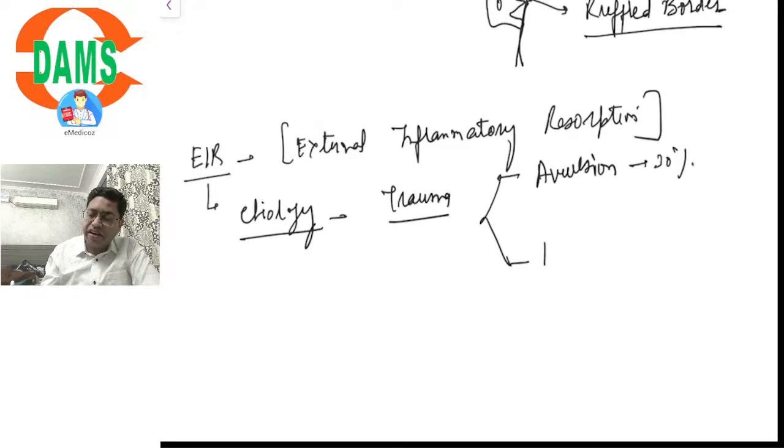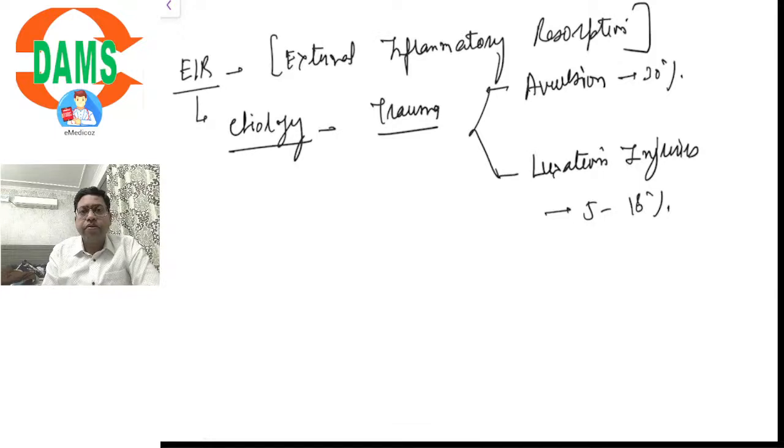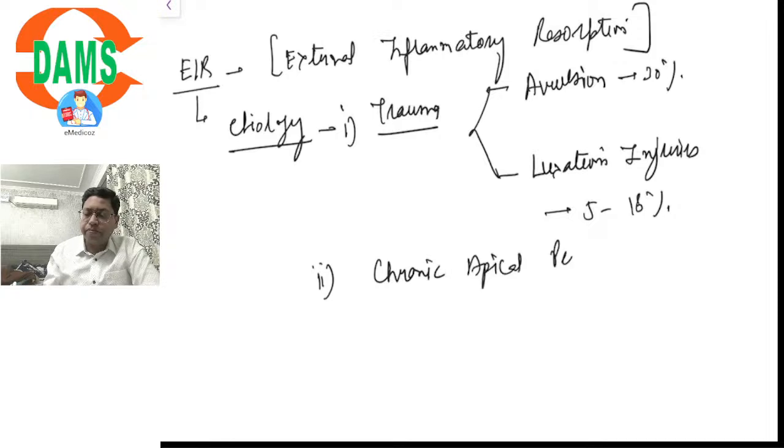And then there are luxation injuries, which cause 5 to 18% incidence of external inflammatory resorption. Other causes of external resorption can be chronic apical periodontitis.